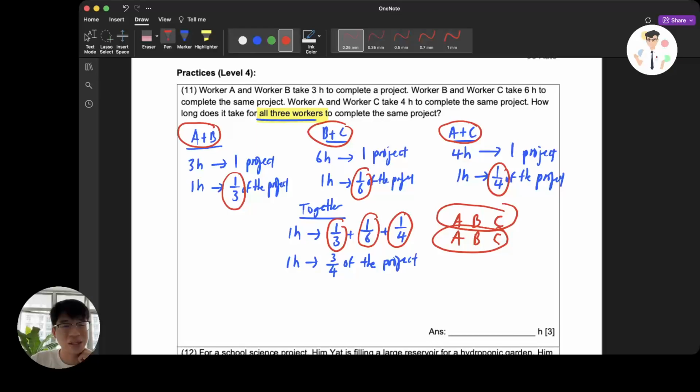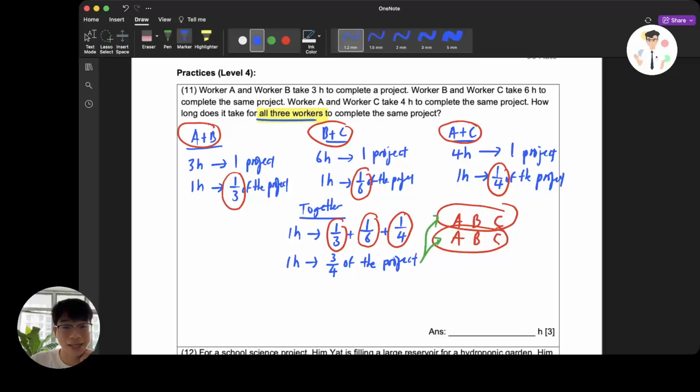Can I actually divide by 2? Yeah, you can. That basically means that this 3 out of 4 is from this ABC.